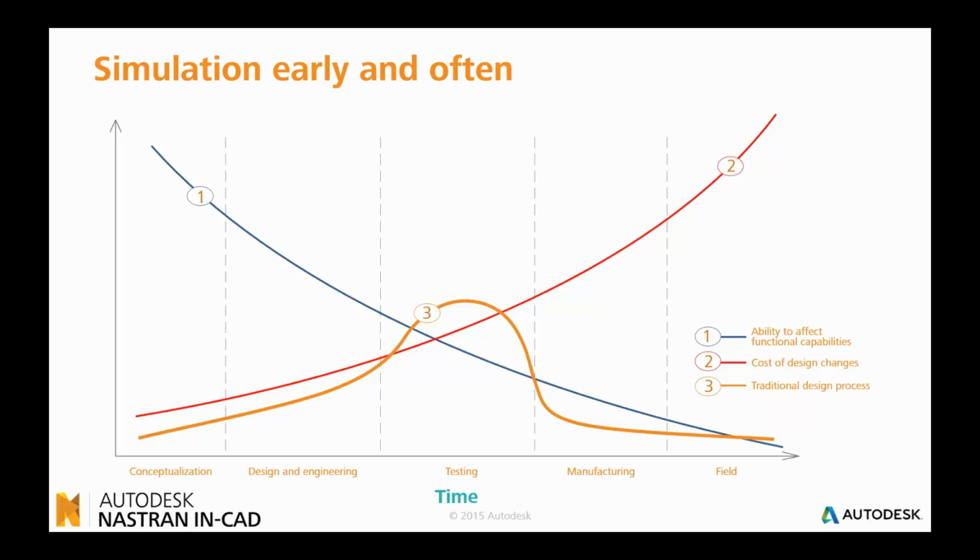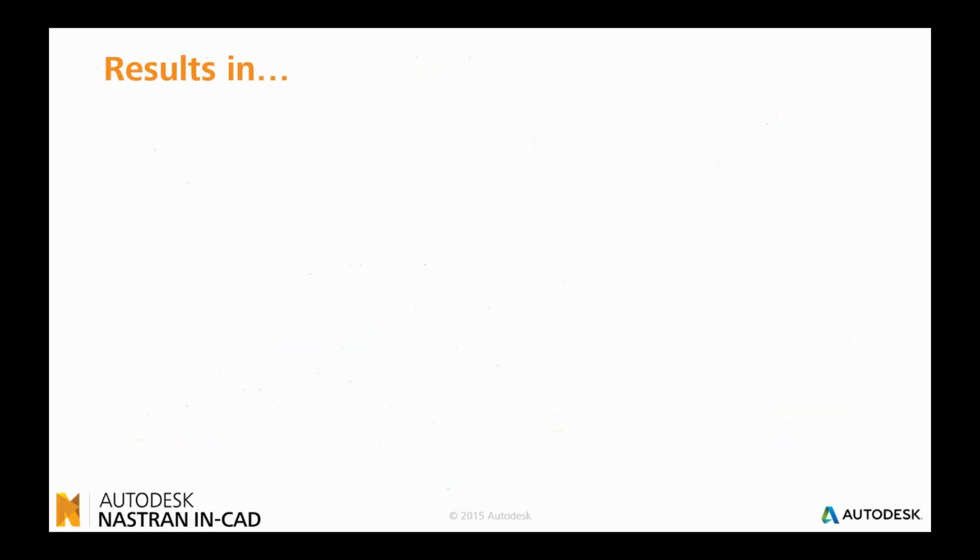So what we're trying to do is shift this lump back earlier into the process, and as a result we're able to more easily make changes, understand our design, predict behaviours, and then develop a better product to ensure that we're meeting the needs of the market.